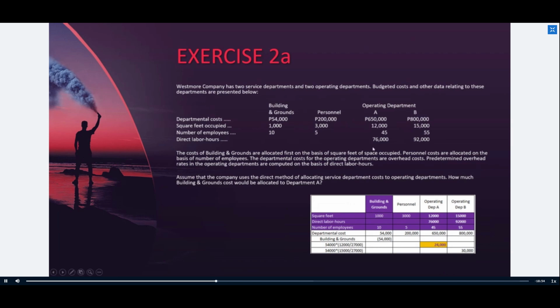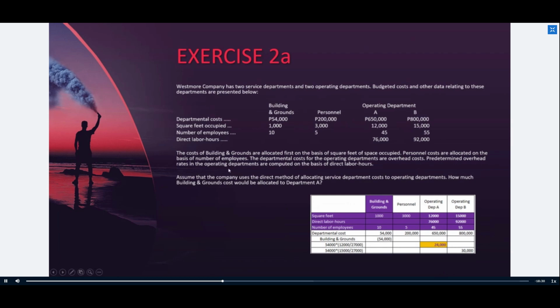The costs of building and grounds are allocated first on the basis of square feet of space occupied. Personnel costs are allocated on the basis of number of employees. The departmental costs for operating departments are overhead costs.